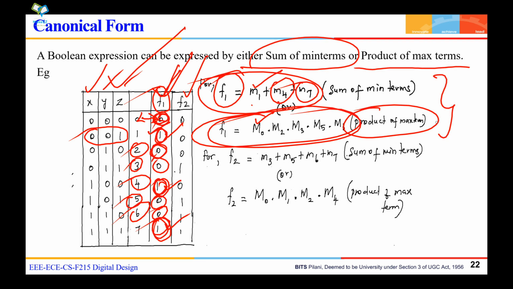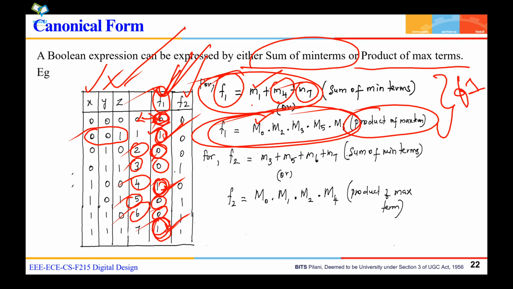So this is your Boolean function F1 written as a sum of min terms and product of max terms. One thing you remember: for sum of min terms, all the places where you have 1, write the sum of those min terms.